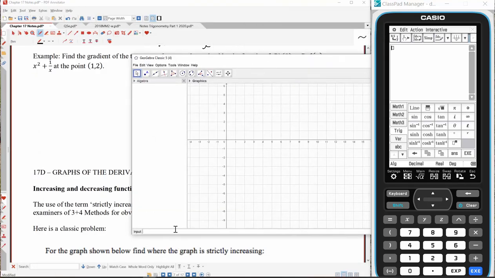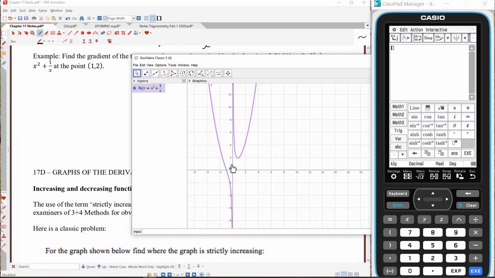All right, so f of x equals x squared, so it's a parabola with a truncus added to it and a hyperbola added to it. All right, so there is my rather weird looking function.